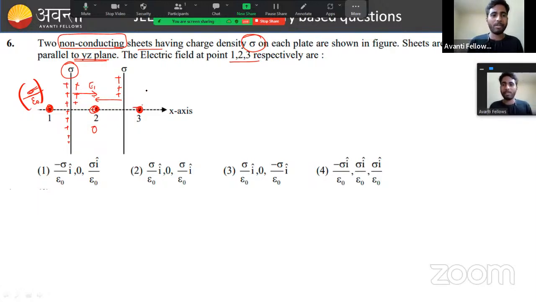And coming to the third point, again due to this charge density we get sigma by epsilon naught. Everything is fine, but electric field intensity is a vector quantity. If you take the x-axis and negative x-axis, this direction is i cap and this direction is minus i cap. Hence, the correct option here will be option E.